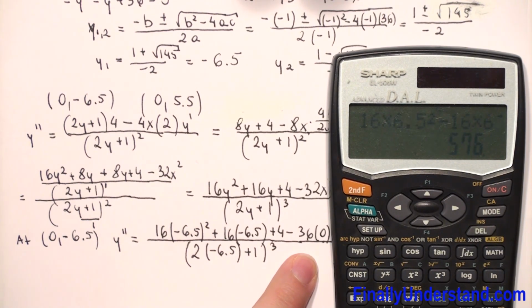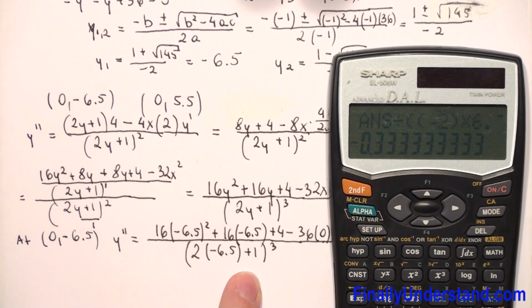And now divide by, open parenthesis, 2 times a negative number will be negative, so it will be negative 2 times 6.5 plus 1, close parenthesis, to the third power.